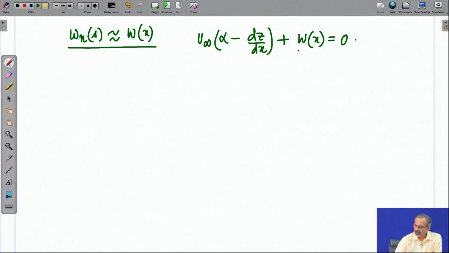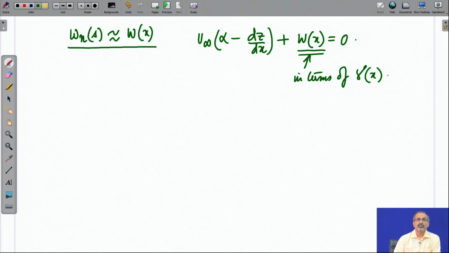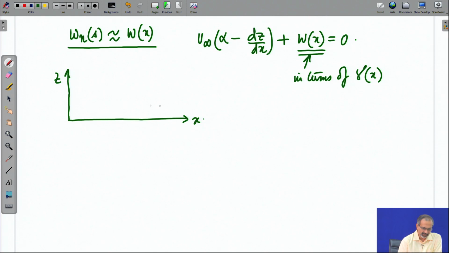Now, let us see how we can quantify this in terms of the gamma distribution along the chord. For that we draw a simple sketch to explain how we can do that.